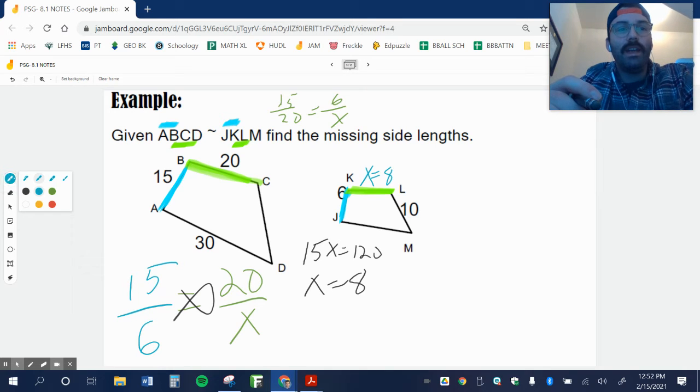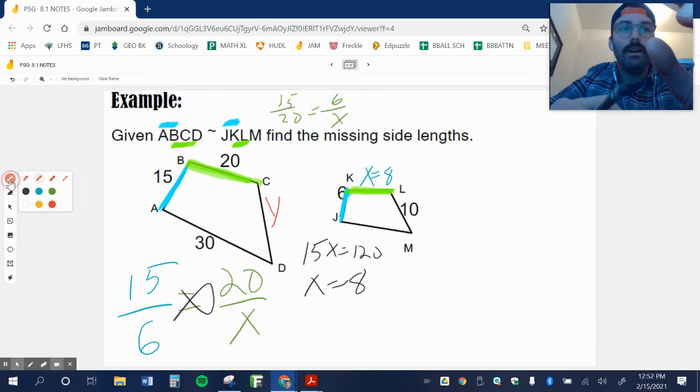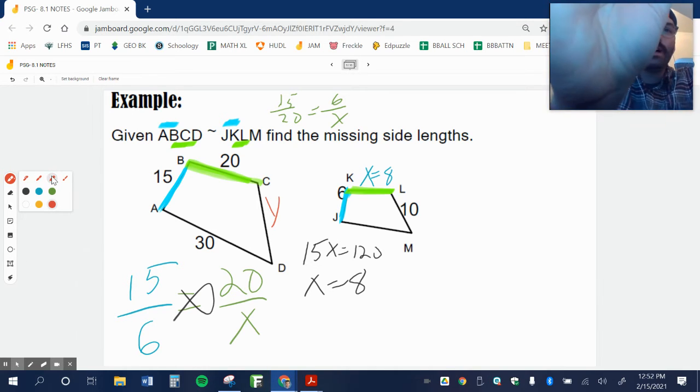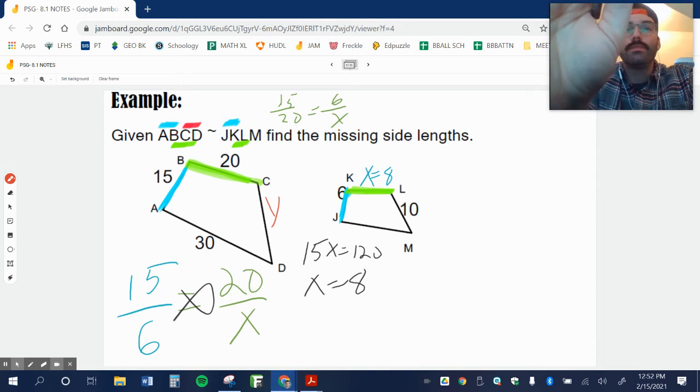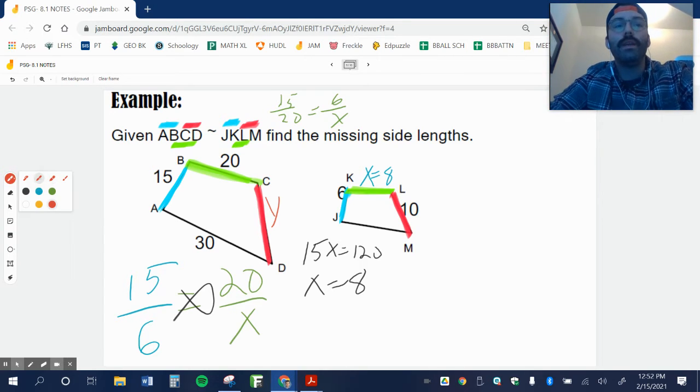Now I'm going to find another side. I'll call it CD. We'll call it Y here. What corresponds with Y? Well, CD is the last two letters. LM are the last two letters. CD corresponds with LM, so I'm going to set up a ratio of those two: Y over 10.